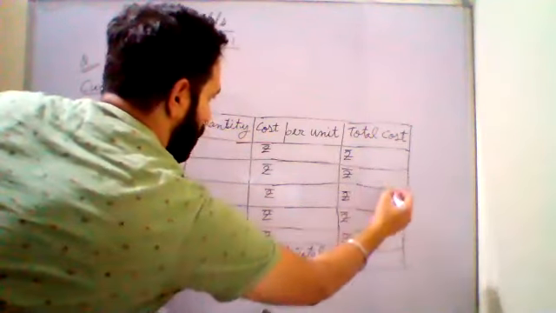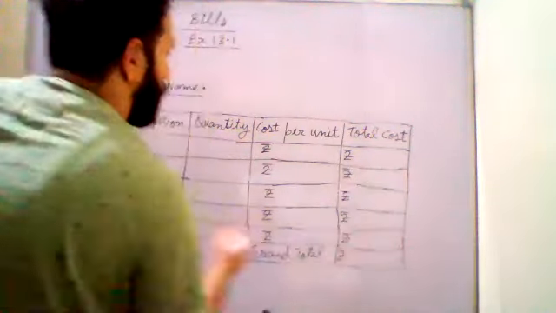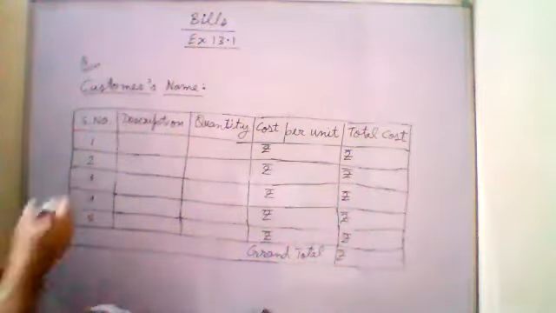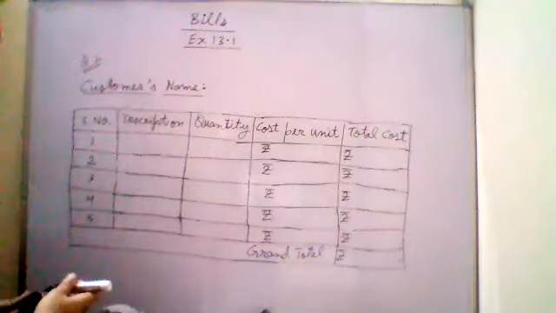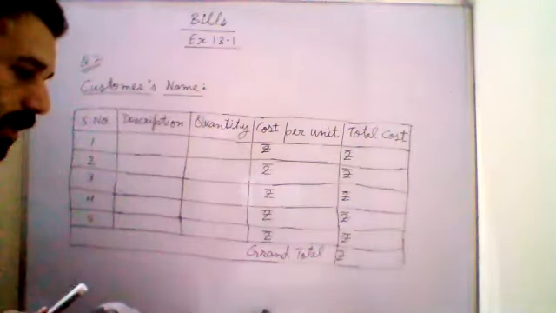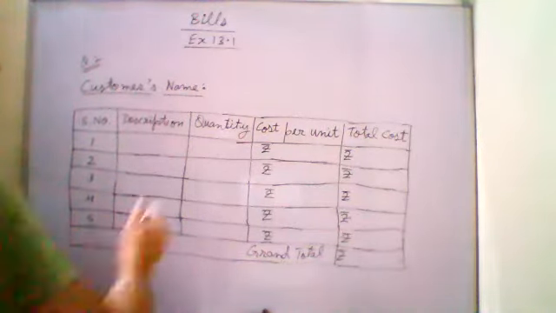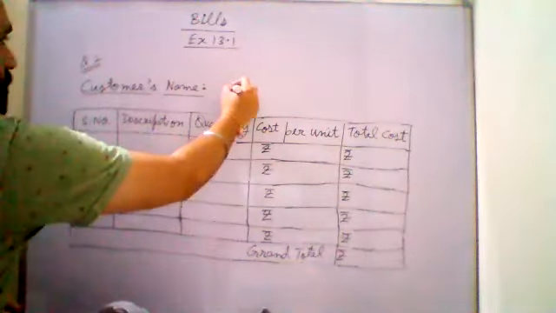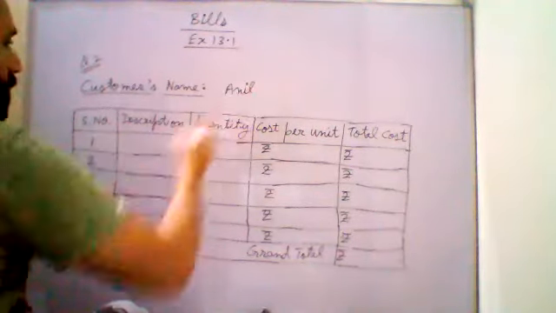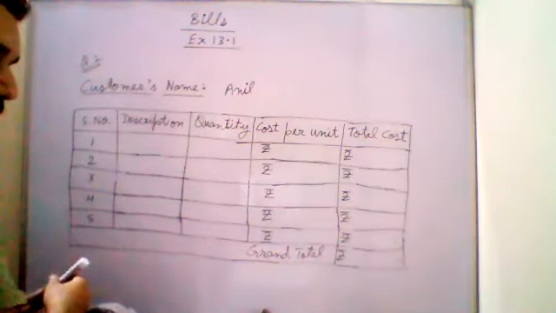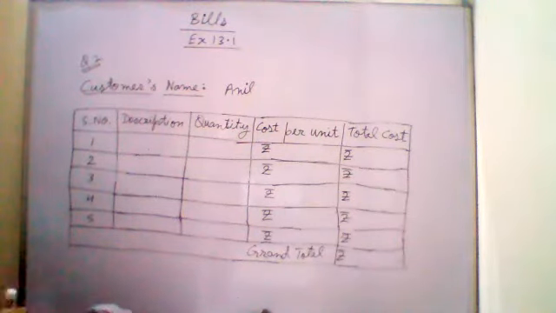Question number 2. In question 2, Anil went shopping for fruits. The name of the customer is Anil. He went for shopping of fruits and vegetables, and he bought 2 dozen oranges at rupees 15 per dozen.